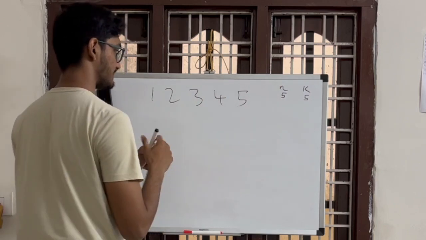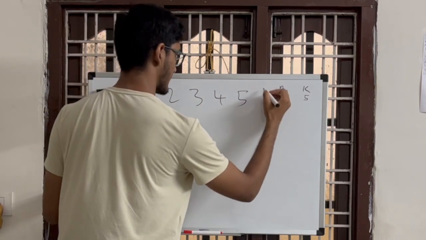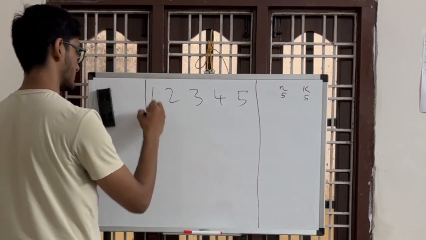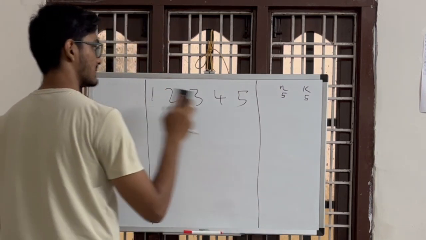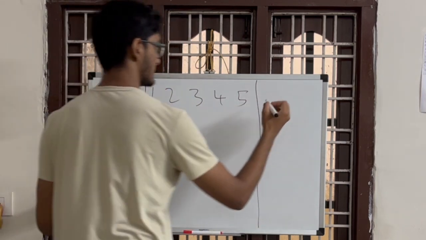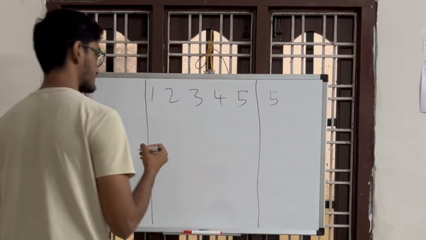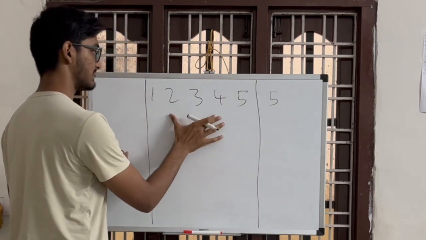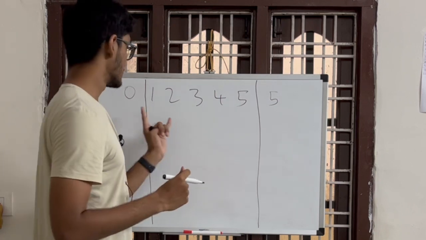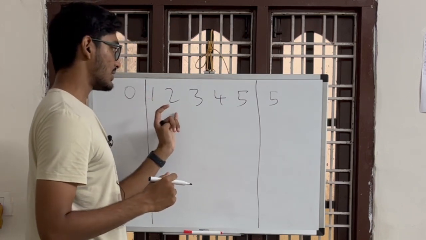K is 5, right? So initially, we'll write it down like this for simplicity's sake. Now k is 5 here. The minimum number not present is 0. Now we'll start with the operation.